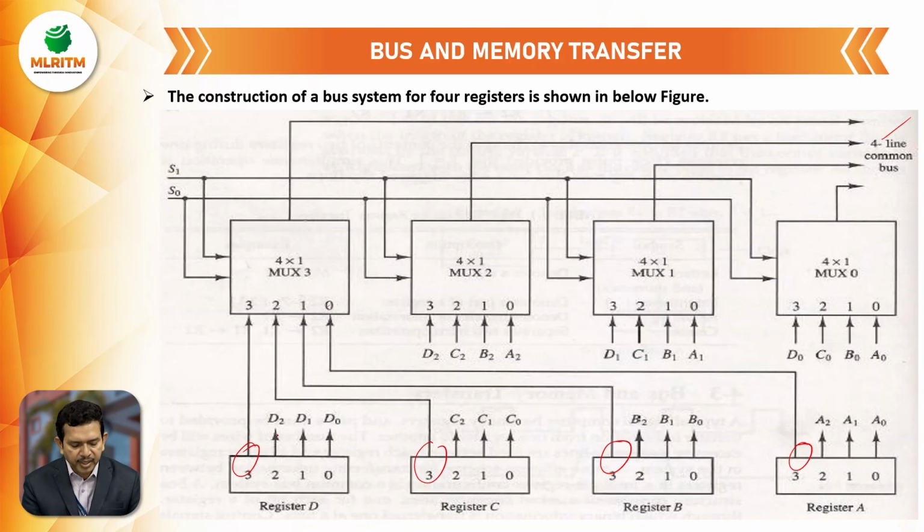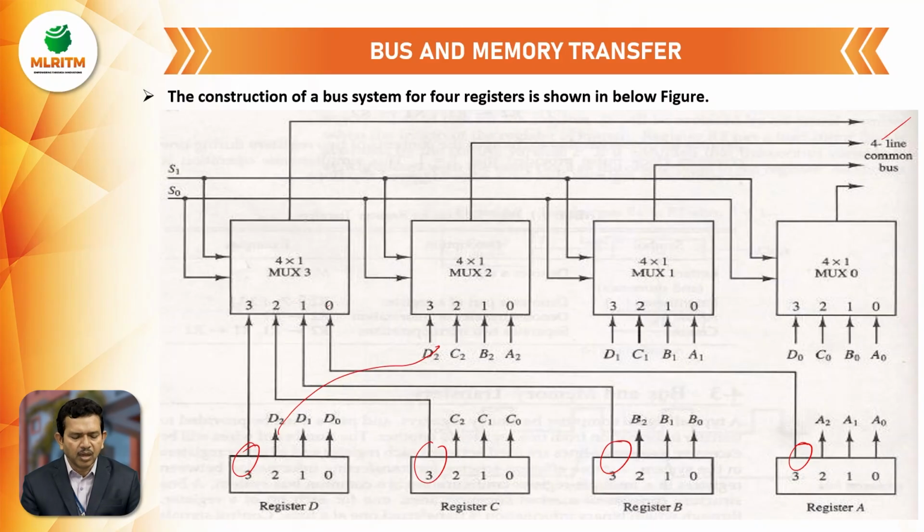Likewise, we make the connection of the second bit to the second multiplexer, and the second bit of register C to the second multiplexer. Likewise, we will do R3 and R4 also. Means each and every bit of one register is connected to a multiplexer.